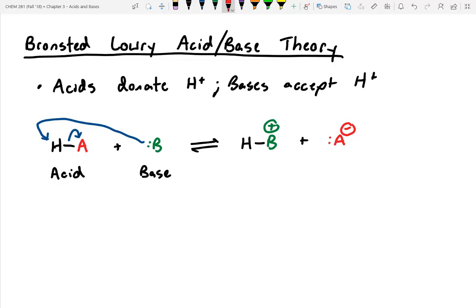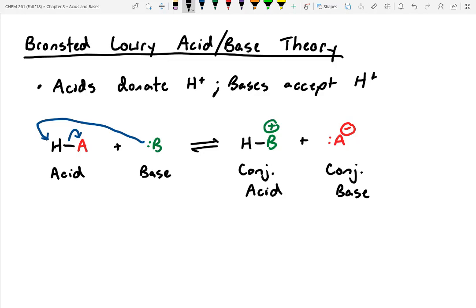Ah, it's tricky. Conjugate acid, because now it has the proton. It in many ways can now act as the acid, right? So HB+ will be the conjugate acid, where A- in this case will be the conjugate base, because now it can have a negative charge or a lone pair to donate back and steal a proton.